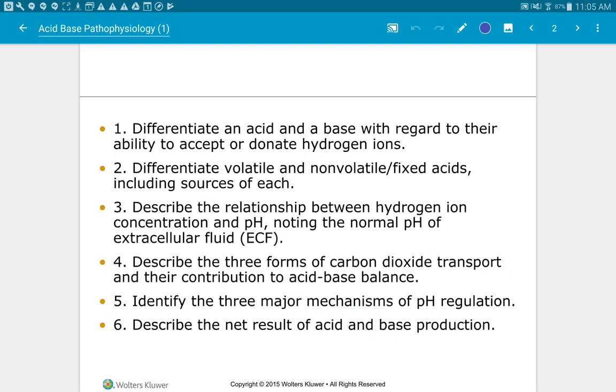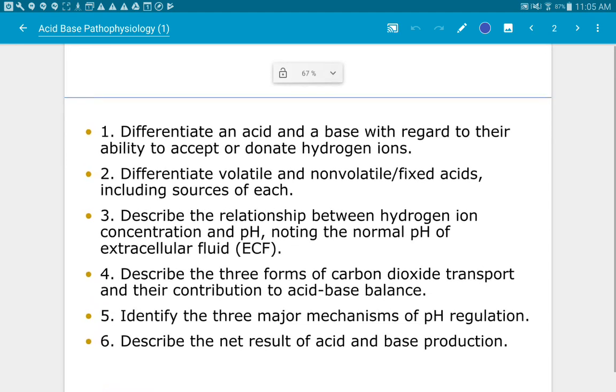Okay? So in that spirit, we're going to start with the very first one here, talking about what's an acid and what's a base in regard to their ability to accept or donate hydrogen ions. Simple enough. You're probably aware from your chemistry class of things like HCl, hydrochloric acid, a strong acid.